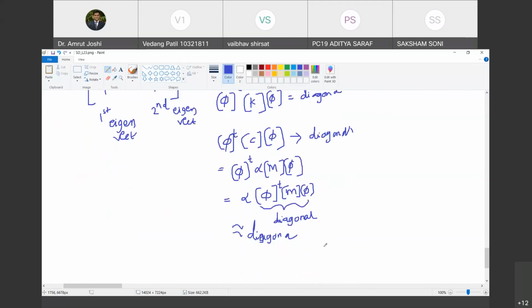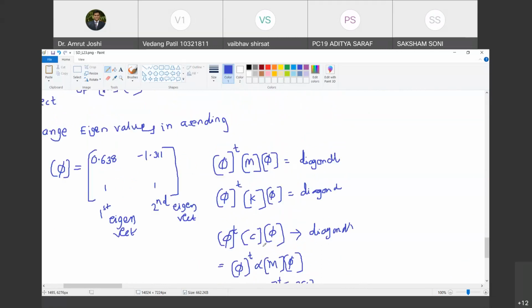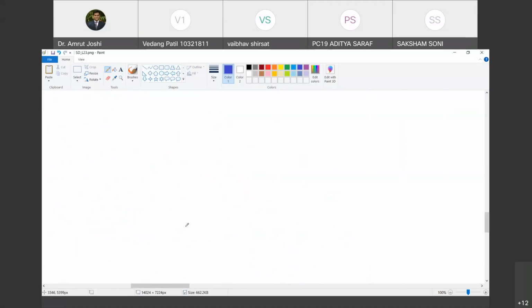But phi transpose M phi is diagonal, so alpha times a diagonal matrix is a diagonal matrix. So we proved that if C is mass proportional damping, then the phi transformation turns it into a diagonal matrix, just like the mass and stiffness matrices. That's what we are going to prove now for stiffness proportional damping.